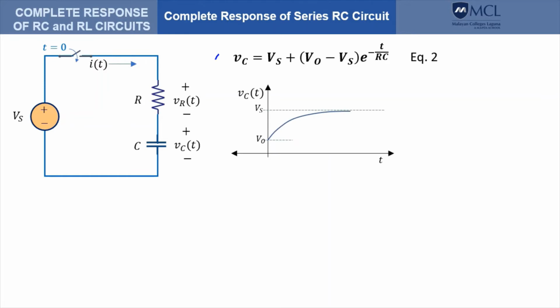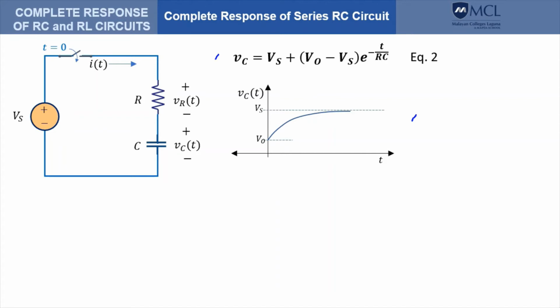We can plot that equation, and if we do that, we will get this one. The voltage starts from an initial value of v sub naught, because that is what we have assumed, that at t equals 0, it is equal to v sub naught. And the voltage will increase to some constant value v sub s over time.